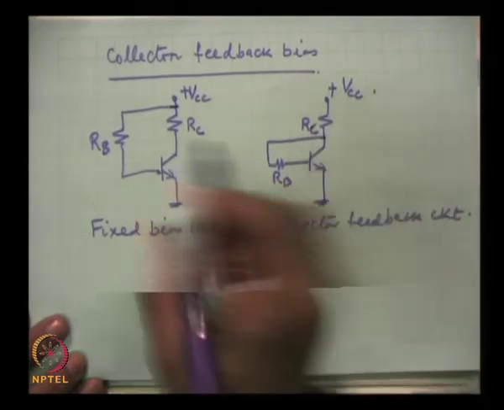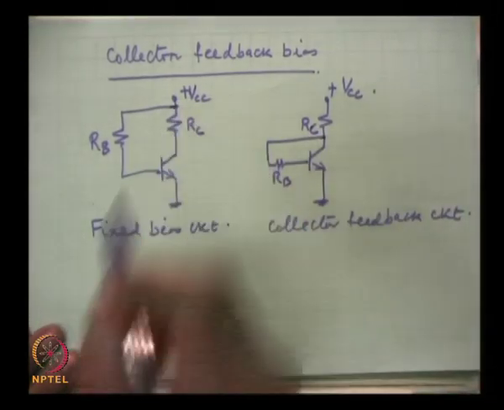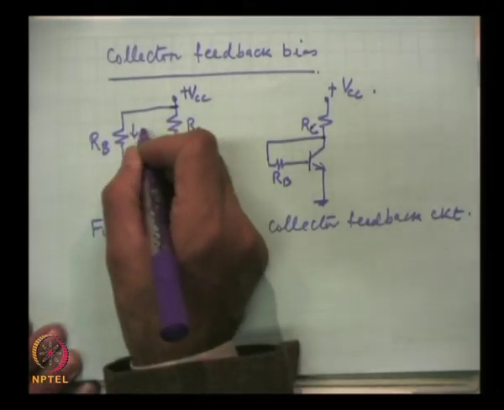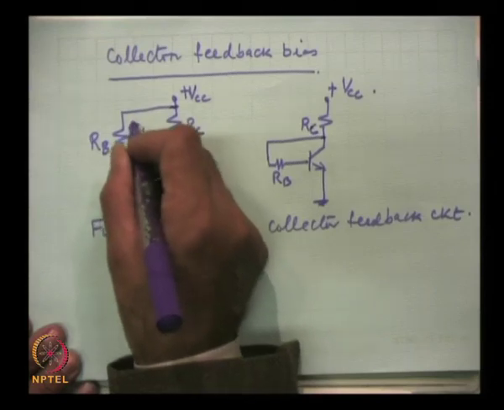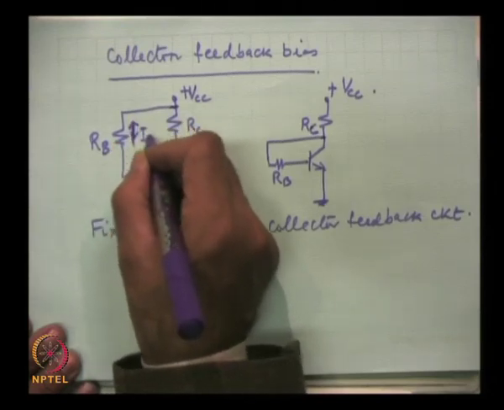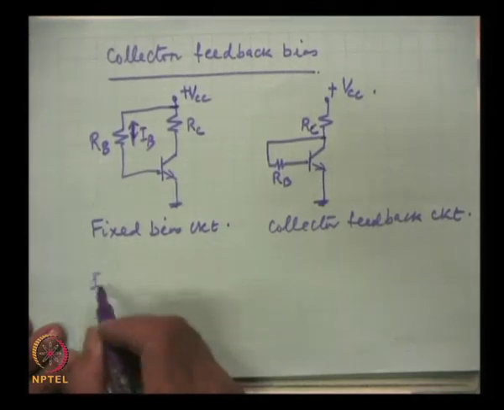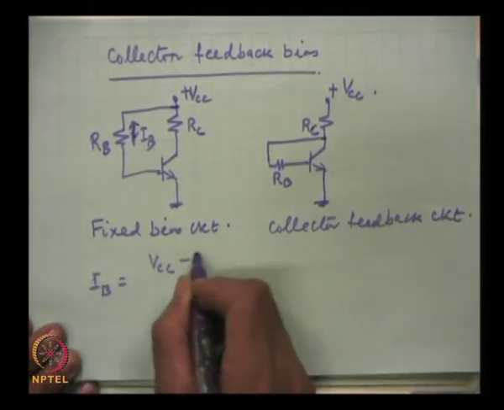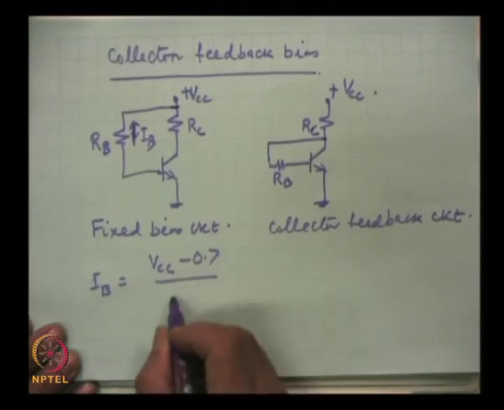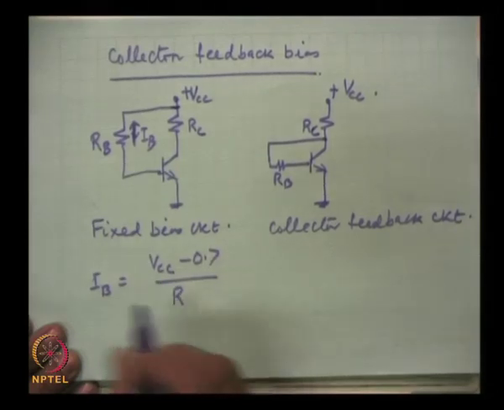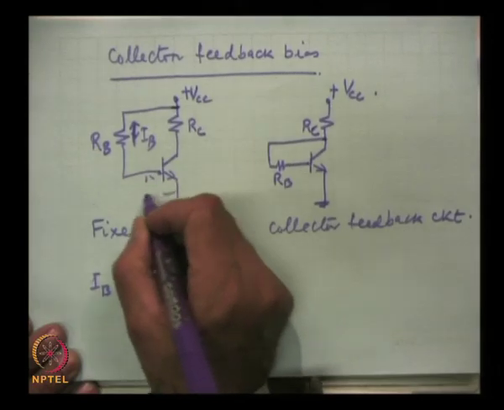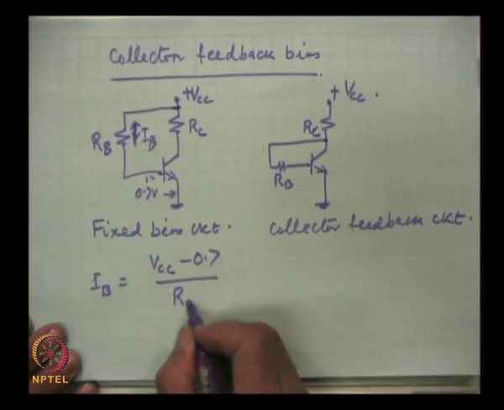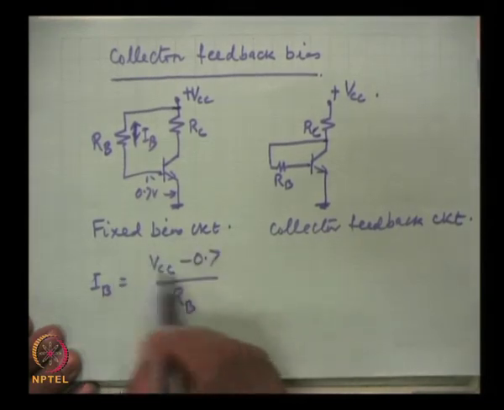Why? Because here the IB was simply VCC divided by RB. This voltage is 0.7 volts, and this is all fixed.